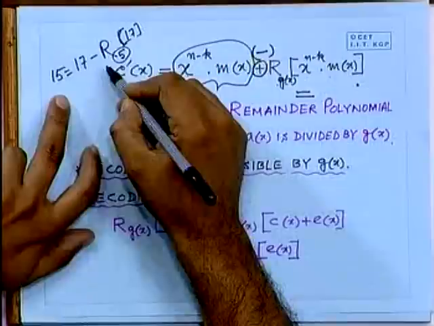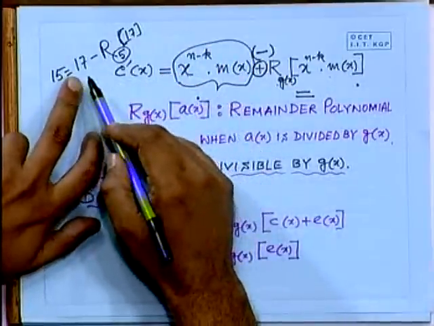Please see, is there any mathematical problem? 17 I am writing as 17 minus the remainder of 17 when dividing by some number 5. So 15 can be written that way. It is somewhat similar to that.